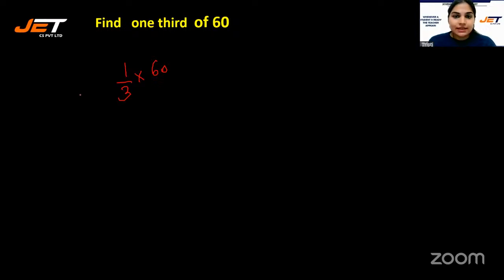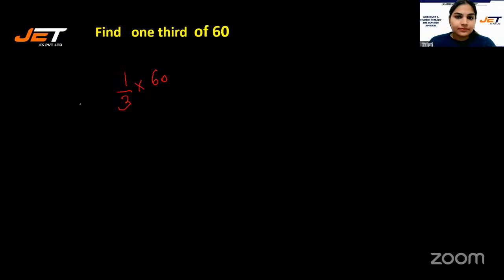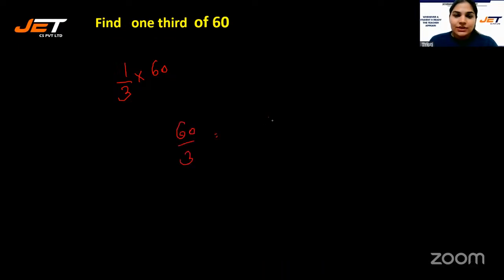One third of 60. Okay, so here, okay, got it. 60 is written as 3 times 20.